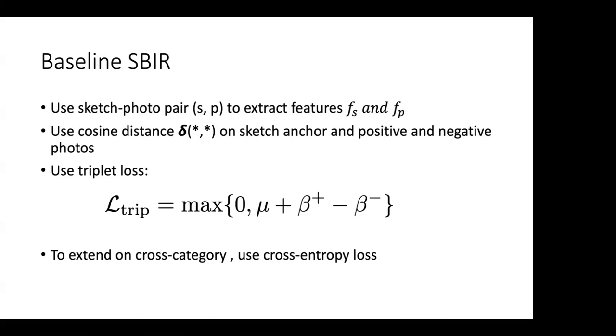The cosine distance for a negative photo should increase while the other one should decrease, and training is done via the triplet loss. To extend the SBIR across multiple categories, it is trained using the same triplets, and the cross entropy loss is applied.